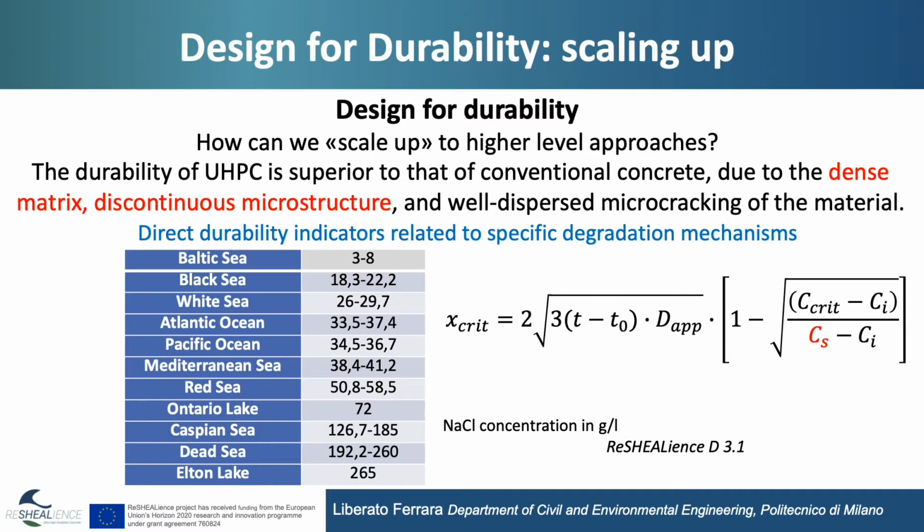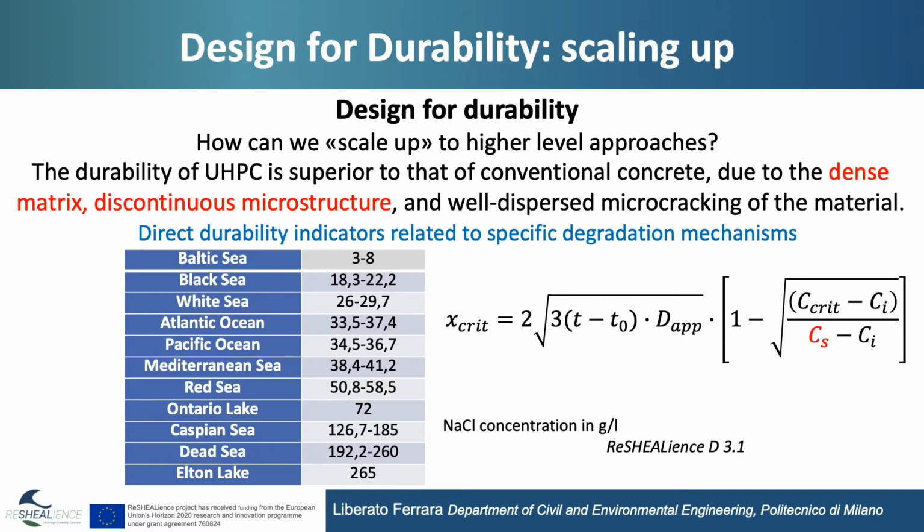We go from almost fresh water in the Baltic Sea to average contents of around 30-35 grams per liter in the Atlantic and Pacific Oceans, a little bit higher in the Mediterranean Sea because it's a closed sea, to very high levels in the Caspian Sea or in the Dead Sea. Obviously, this affects the serviceability of the structure over time, because we will have a different condition at the surface.